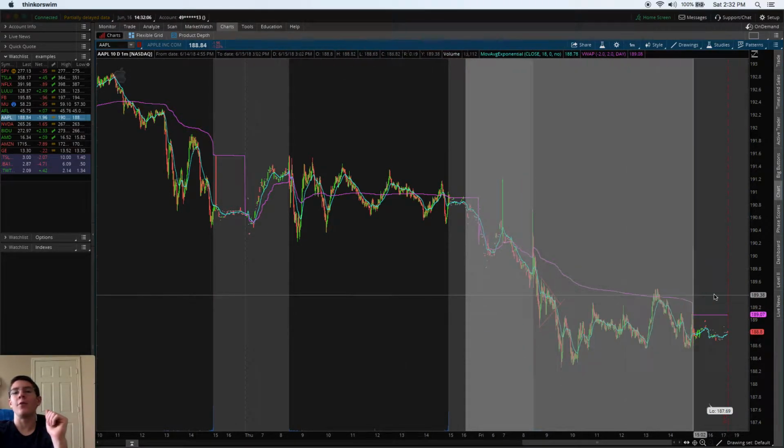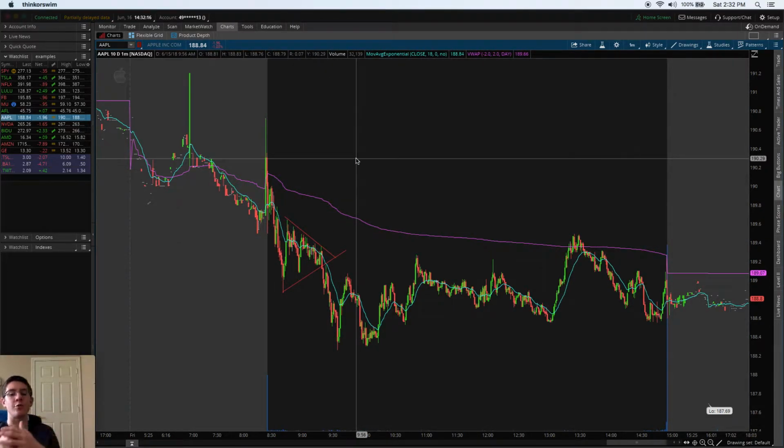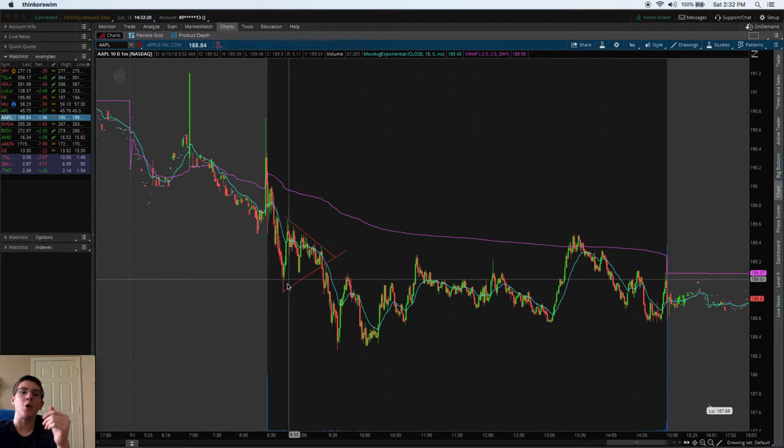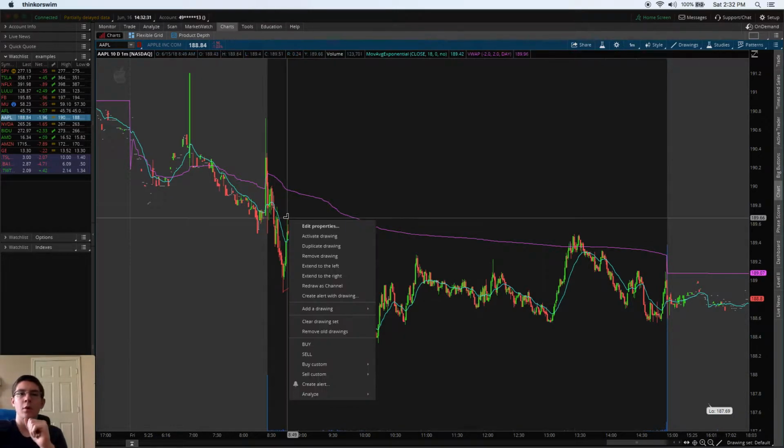If we look at Apple on Friday, we formed this little triangle pattern here. When you predict the move of a triangle, you look at the high point and the low point of where the triangle started. It says about 0.38%.